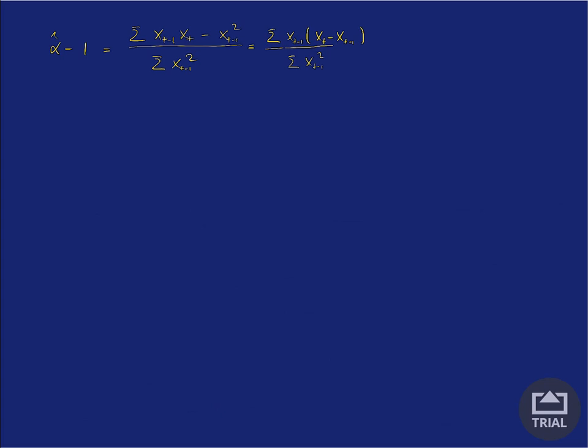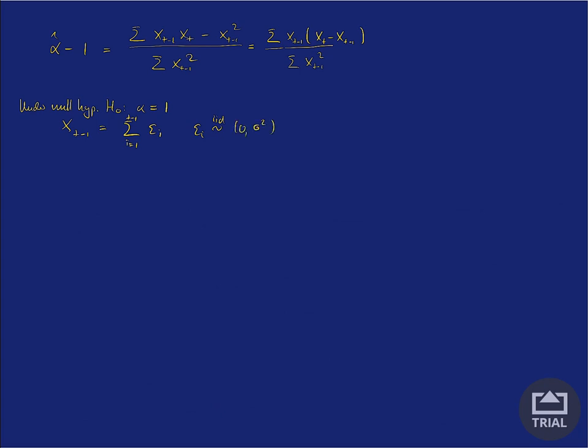and noting that xt itself is a random walk, so under the null hypothesis H0, where alpha actually equals 1, we have that xt minus 1 can be written as the sum of the epsilon i's, and the epsilon i's are independent, identically distributed with mean 0 and variance sigma square.